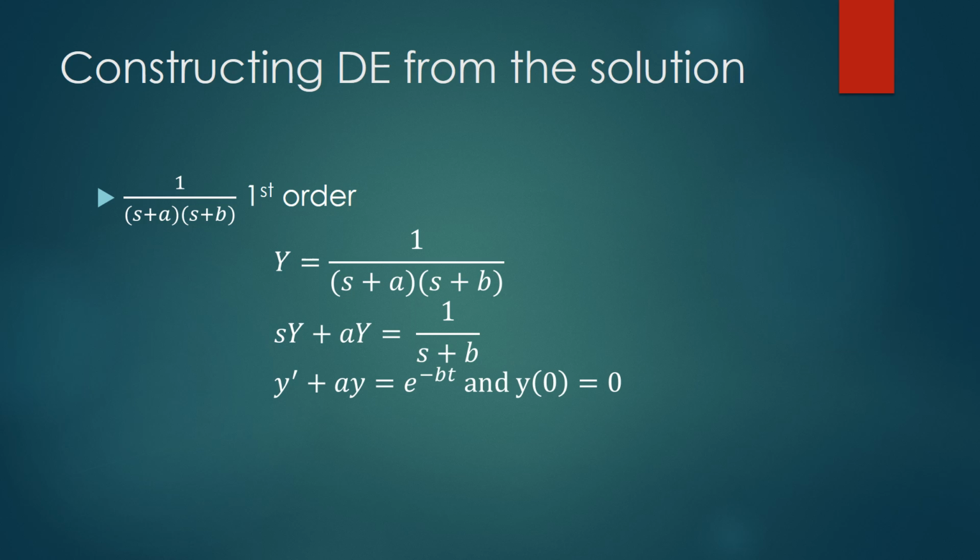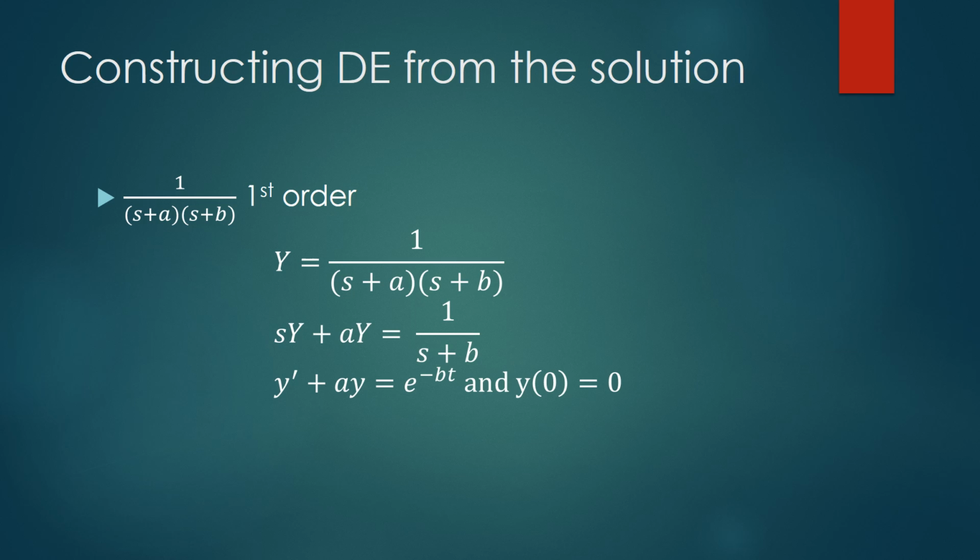One easy example of the questions is: find the first order differential equation with the solution in the form of 1 over (s plus a)(s plus b). So we set y equals 1 over (s plus a)(s plus b), and we can take either the s plus a or the s plus b term to the left side of the equation.